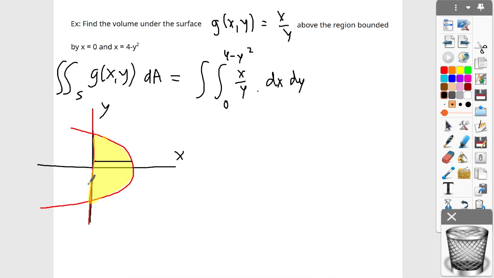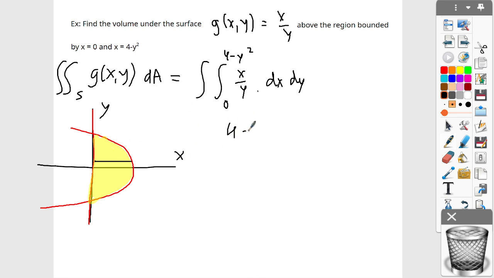Now, what about the bounds for the y's? How do we know our bounds for how much we're supposed to add up? The way that we know our bounds, we have to solve an equation.